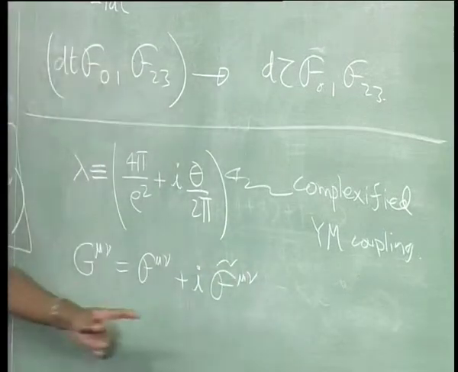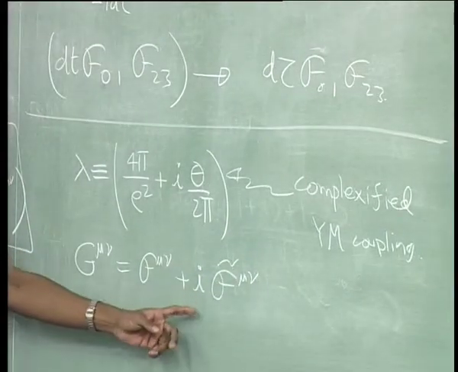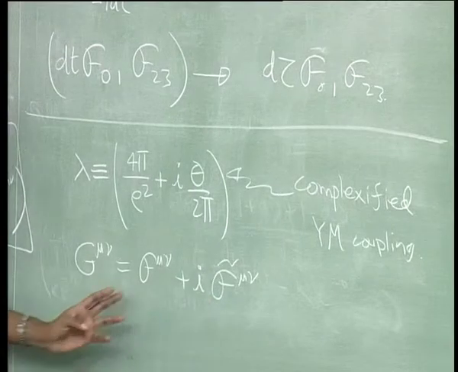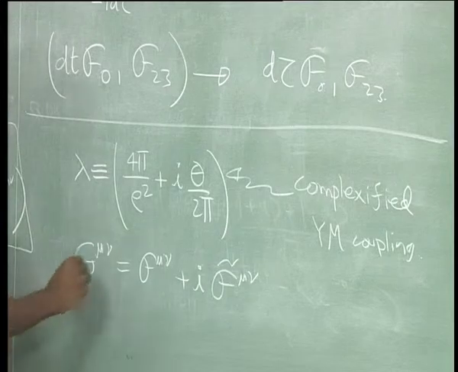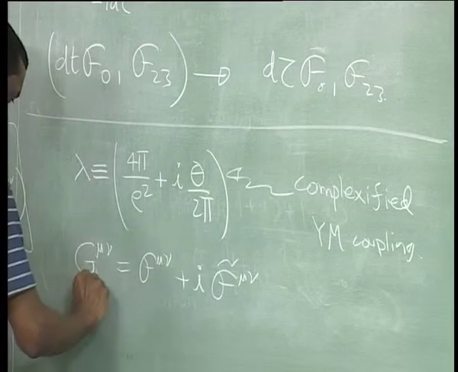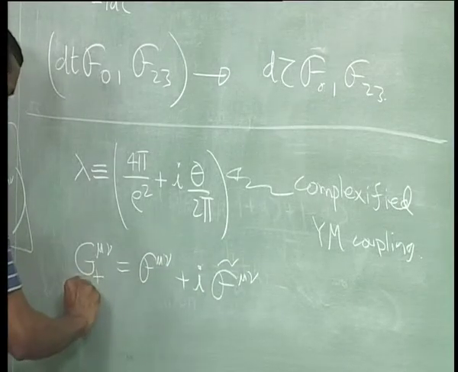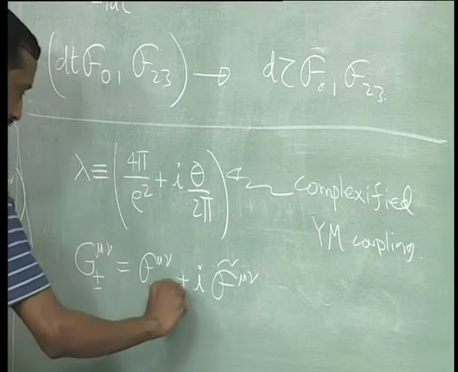I am working in Minkowski here. So I am taking the analog of the self dual combination, and let us call these things G plus and G minus.